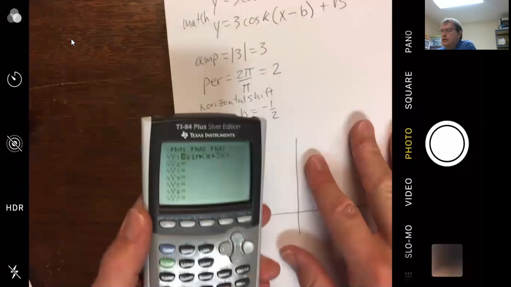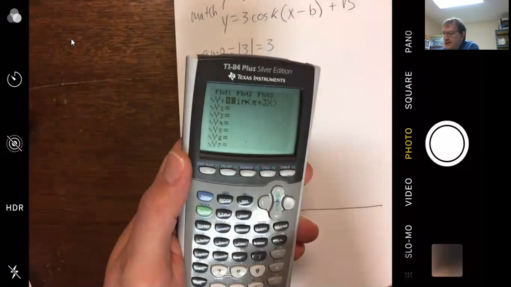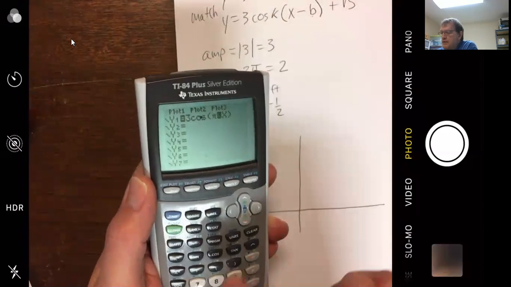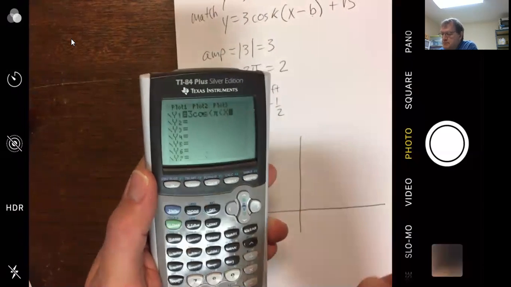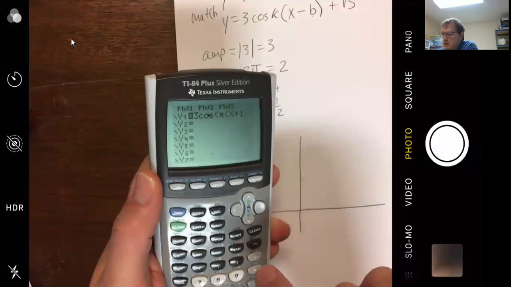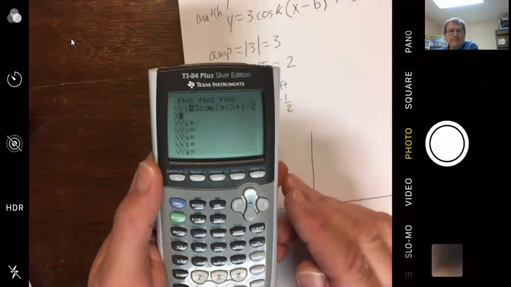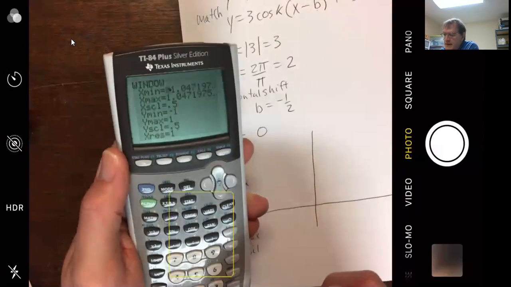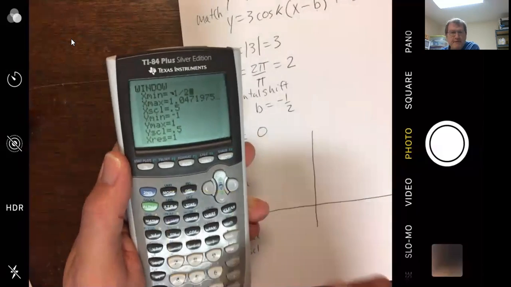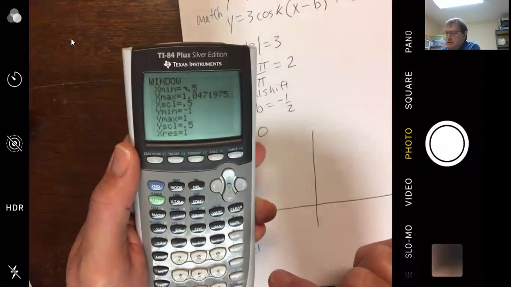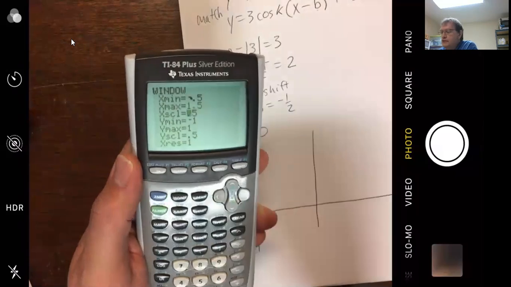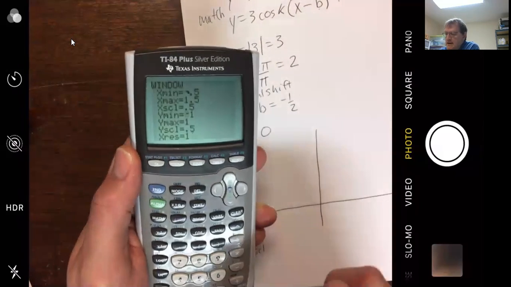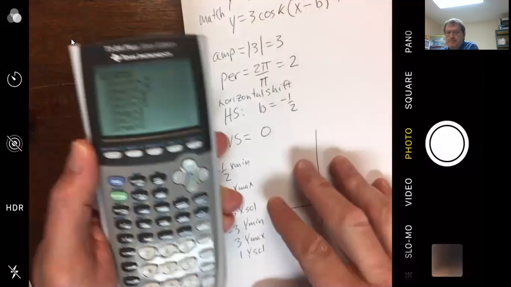All right. Y equals 3 cosine pi parentheses x plus 1/2. Window: negative 1/2, 3/2, 0.5, and negative 3, 3, 1.